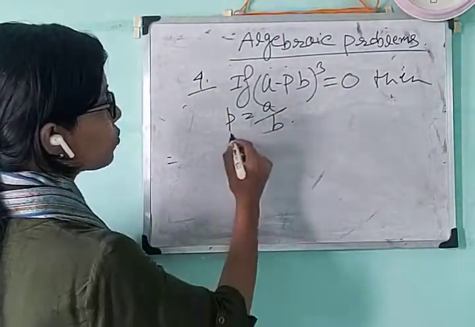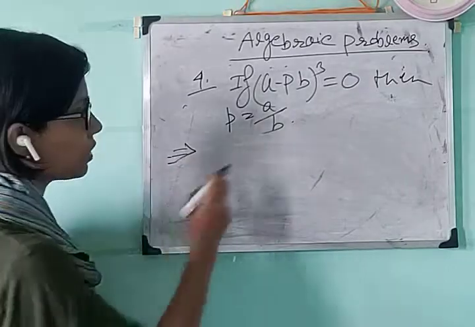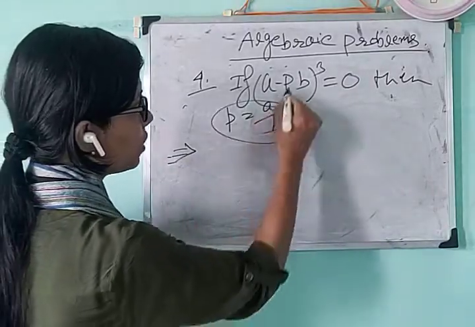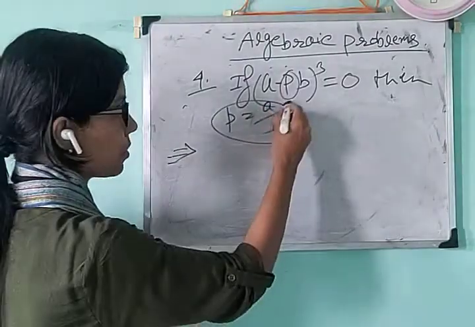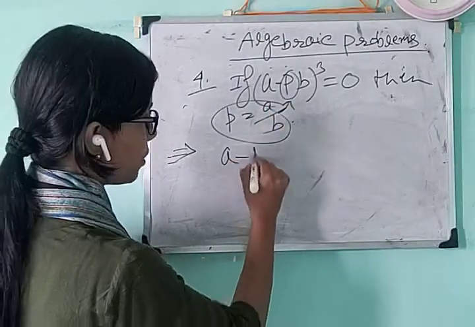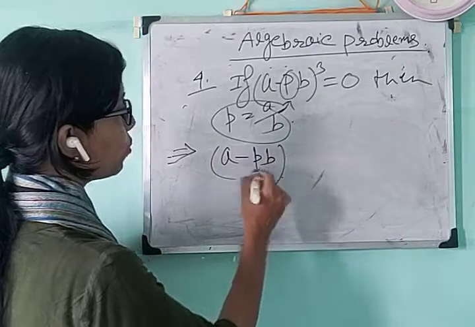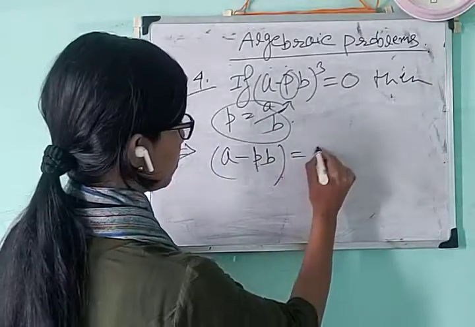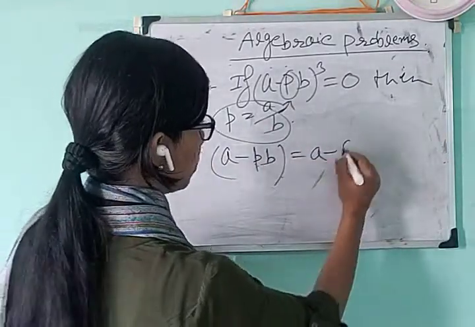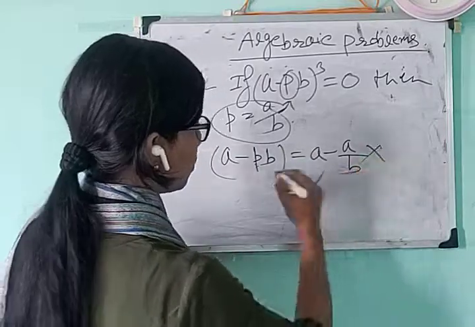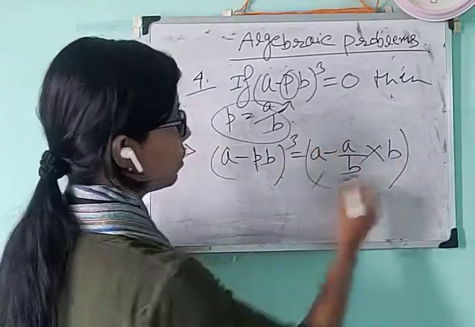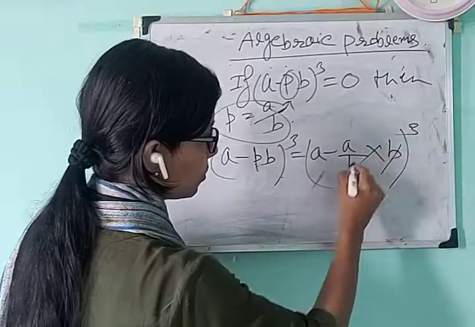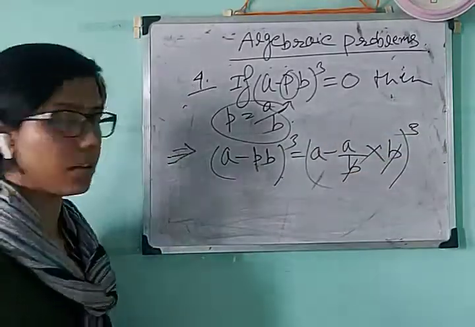How can you solve it? You just put p equal to a by b in this expression. They have given a minus pb, and we are putting the p value. What is the p value? A minus a by b, and it is multiplied by b. It is whole cube, and b cuts down, numerator and denominator.